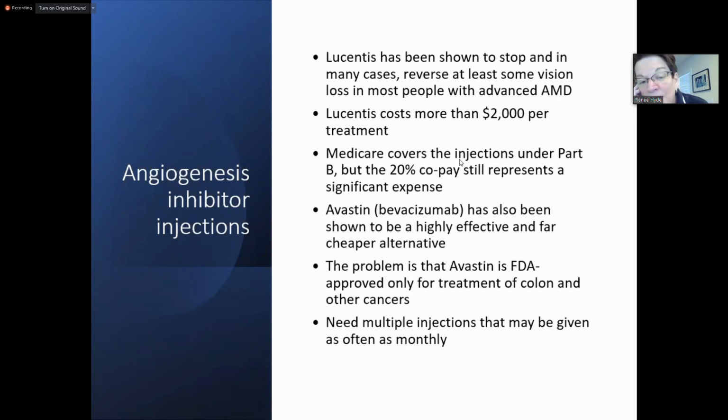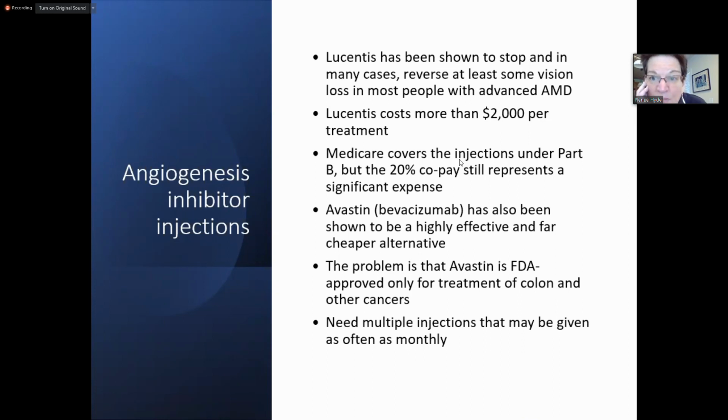And you're wondering, well, why not? Well, the reason is the company that developed Lucentis also has the patent for Avastin. And so if they approve the Avastin, which is a far cheaper drug, no one would want to use the Lucentis.